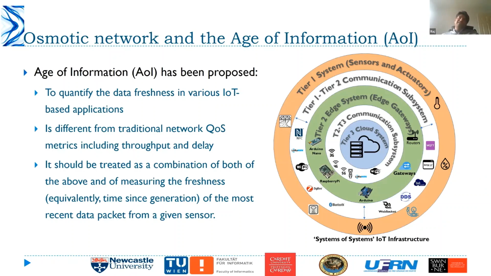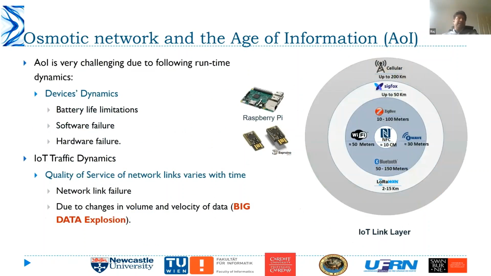Your age of information can be affected by many other factors. That includes device dynamics. For example, the battery life failure of your IoT device, the software failure of your edge device, the hardware failure of your networking device, the link failure, and the network can get congested. For example, if you don't provision your IoT network and devices in an optimal way, you might end up overloading your network connection and your age of information will degrade.